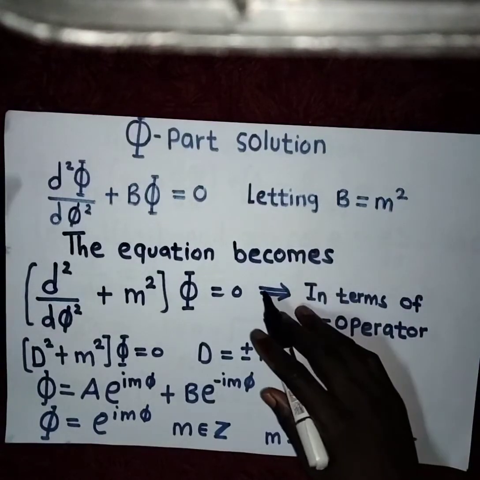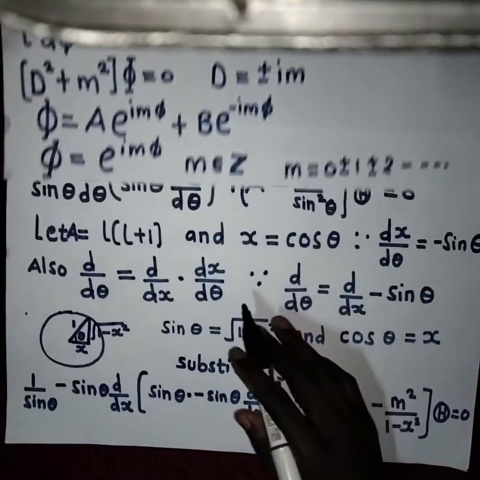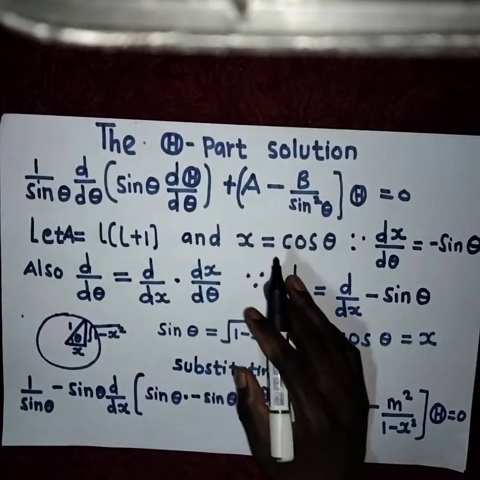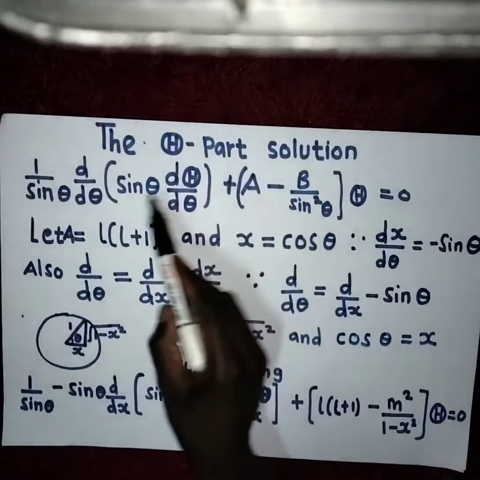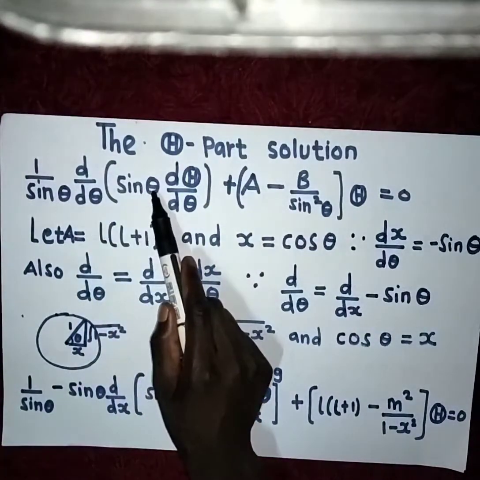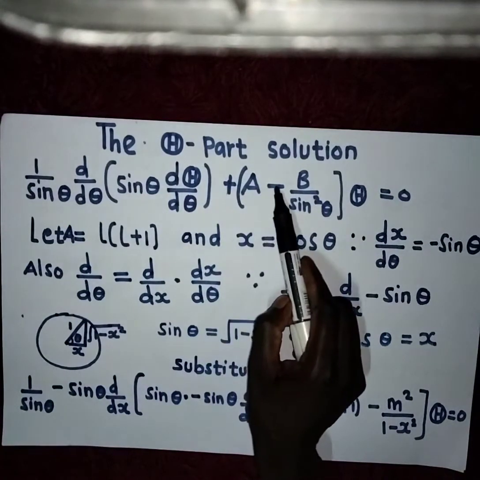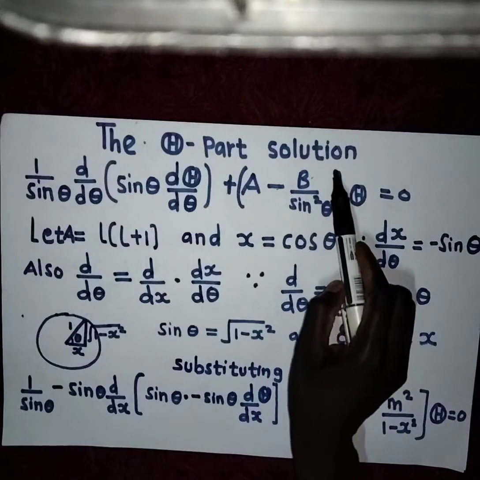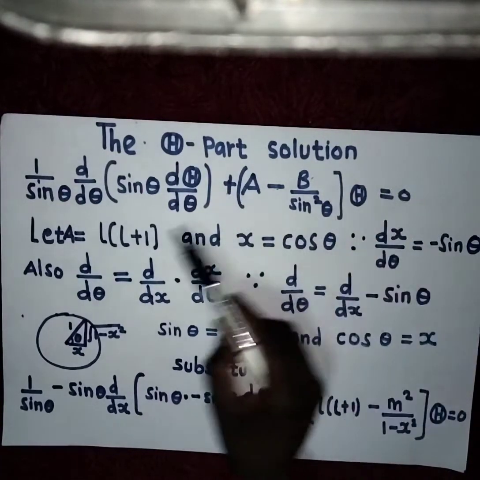So let me go to the solution of the theta part. You can recall in the previous video we did that the theta part was coming to be 1 over sine theta d over d theta of sine theta d theta over d theta, plus a minus b over sine squared theta, into theta is equal to 0.